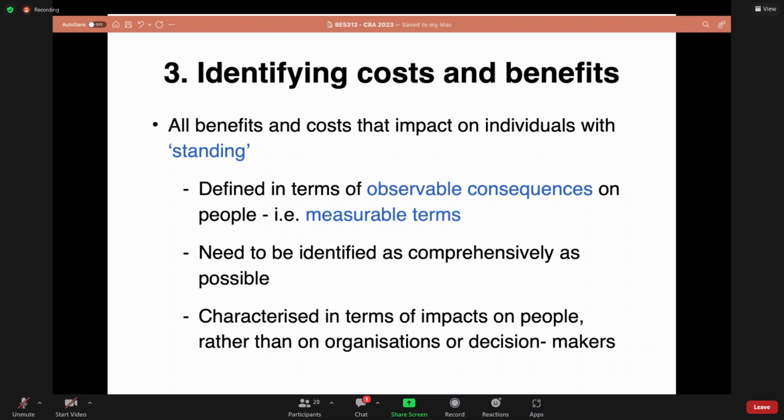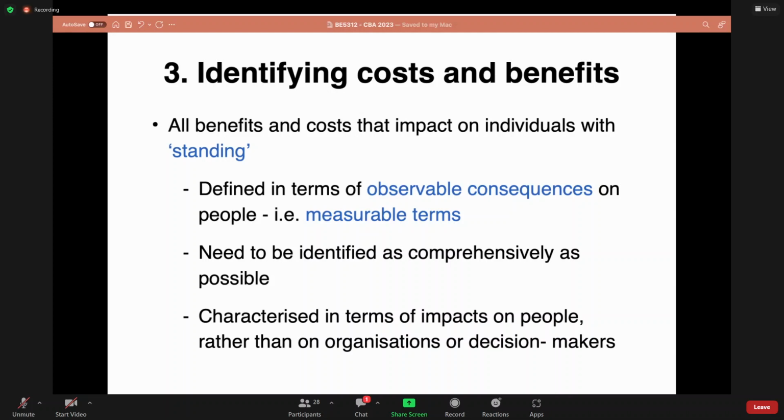Once we know at which level, and whose costs and benefits we have to consider, the next step is to identify the actual costs and benefits. Here we have to identify all the costs and benefits that will impact on these people that have standing on the project.